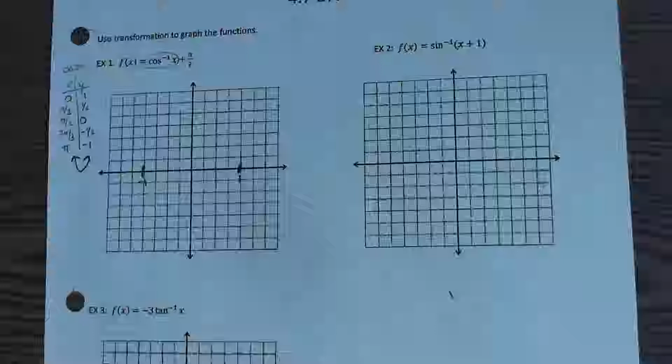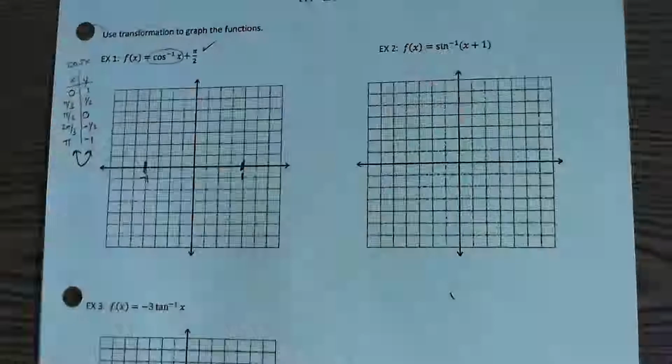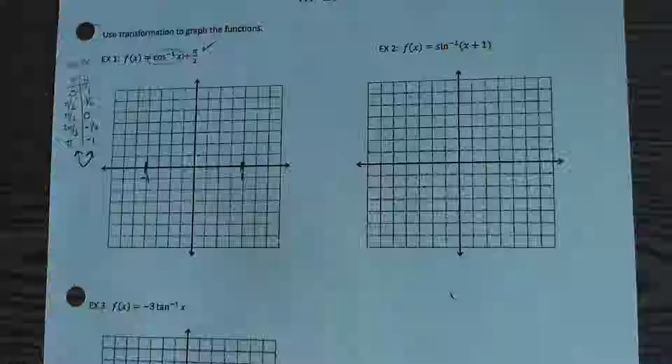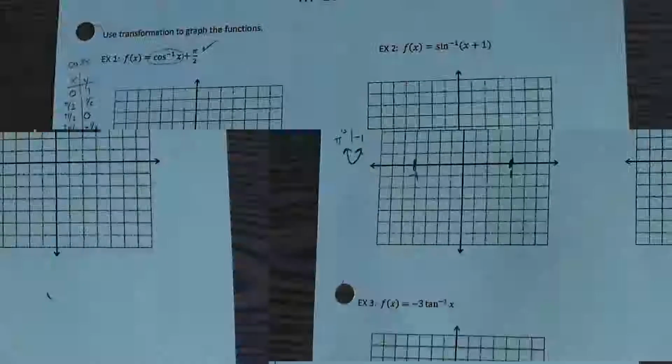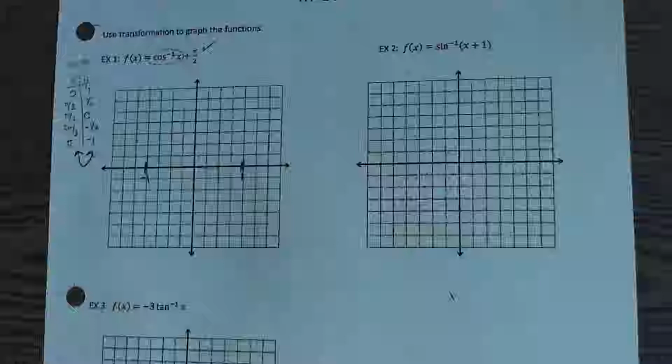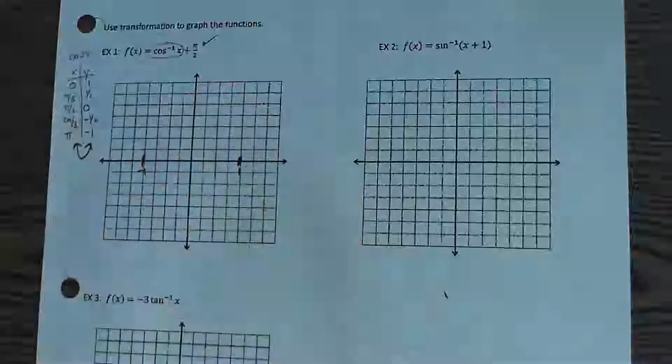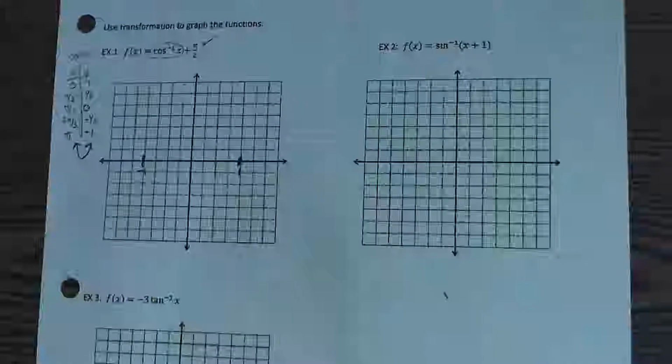But we're shifting this up pi over 2. Yes? So rather than going from 0 to pi, I'm going to go from pi over 2 to 3 pi over 2, that would make sense. So if I want to go to 3 pi over 2, look at my denominators. Counting by pi over 6 would be most helpful.